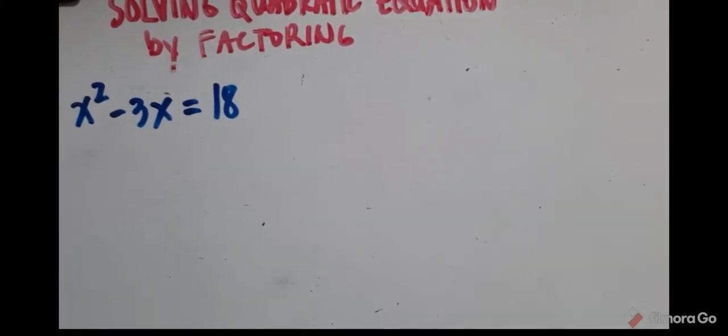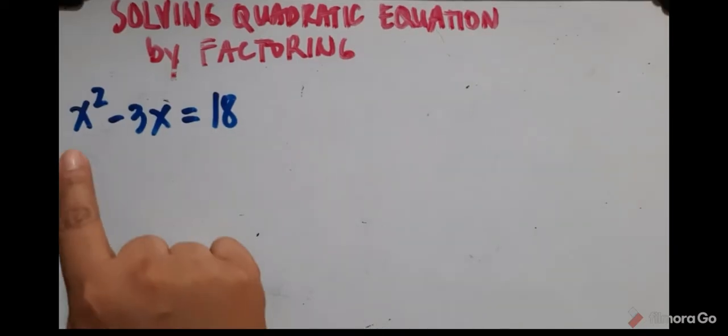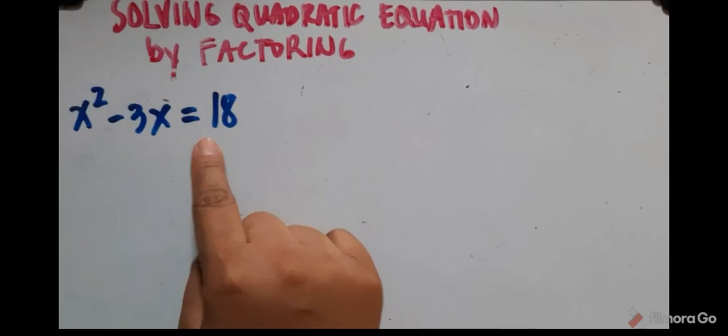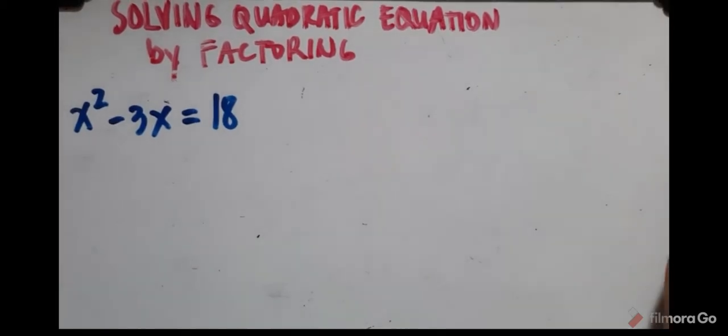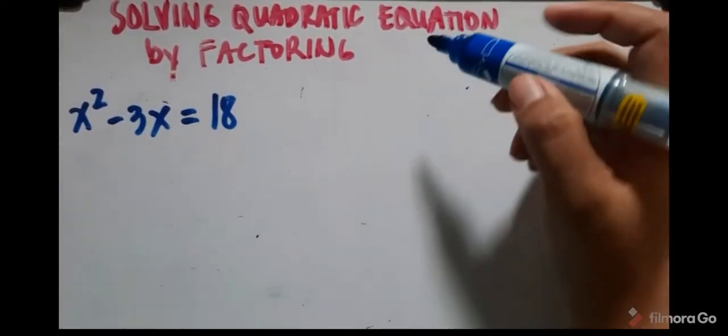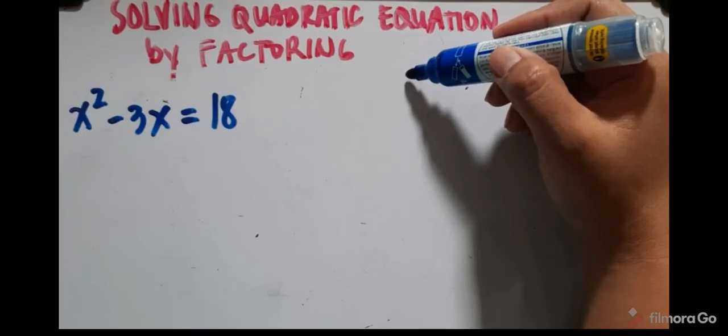Okay, for our next example, to be solved using factoring, given x squared minus 3x is equal to 18. If this is our equation and it is not in quadratic form, standard form of the quadratic equation, we need to rewrite it first.